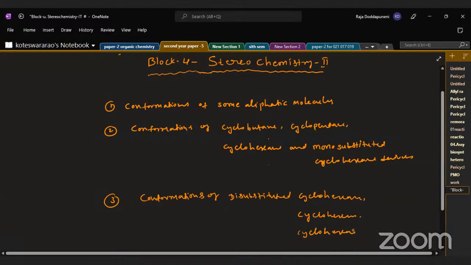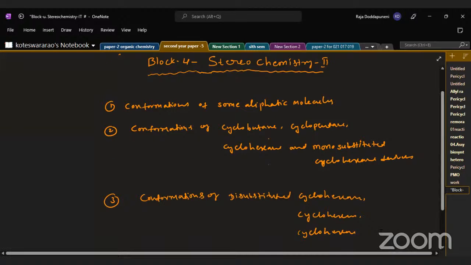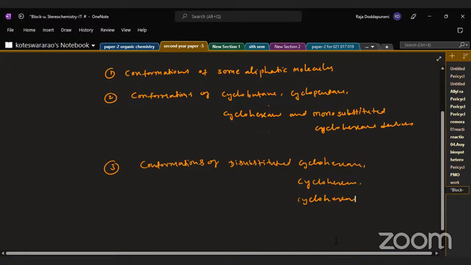In this unit, we discuss the conformations of disubstituted cyclohexene, cyclohexane and cyclohexanones. These 3 compounds' conformational studies we are going to deal with in the third unit.